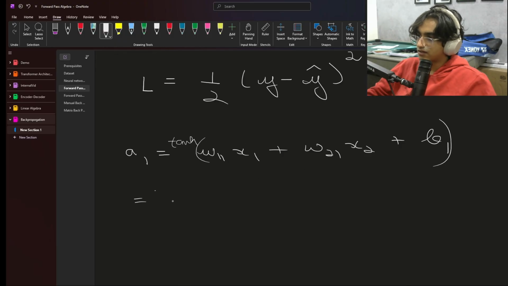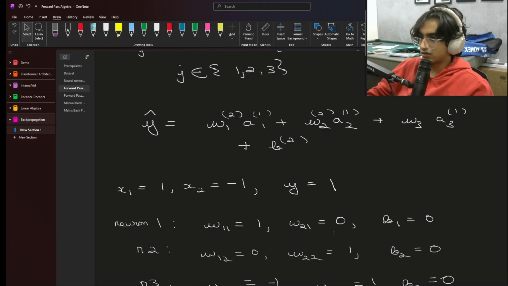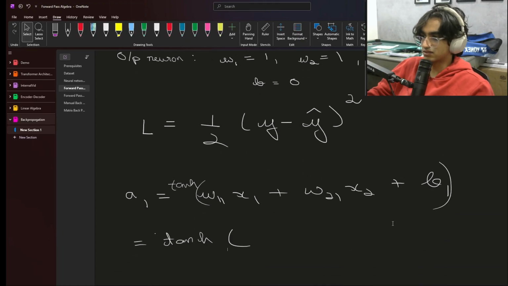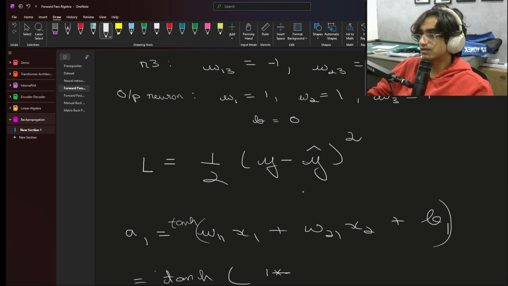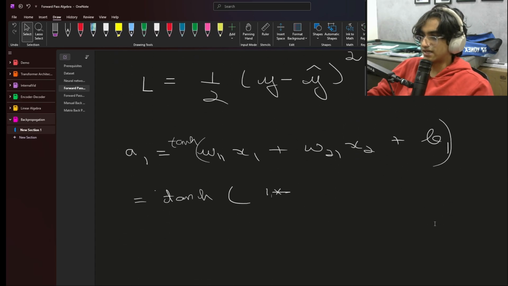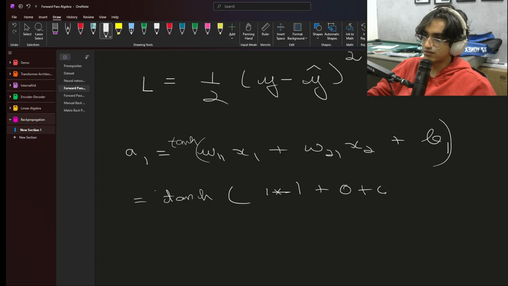So that's going to look like tanh of, W11 is 1, W21 is 0, and the bias is 0. So it's essentially tanh of 1 times x1, which we have taken as 1. So it's going to be tanh of 1 star 1 plus 0 plus 0, so tanh of 1.